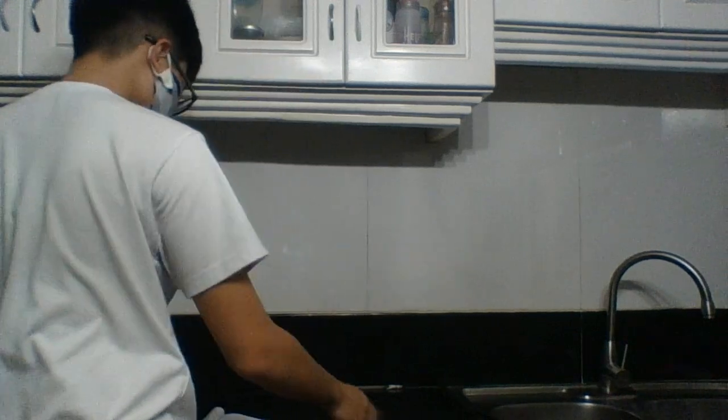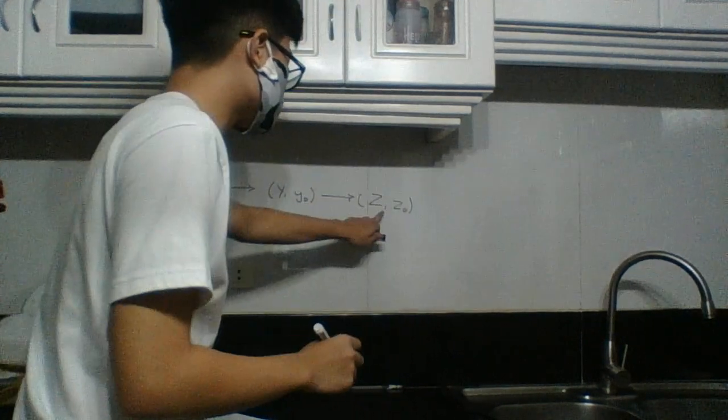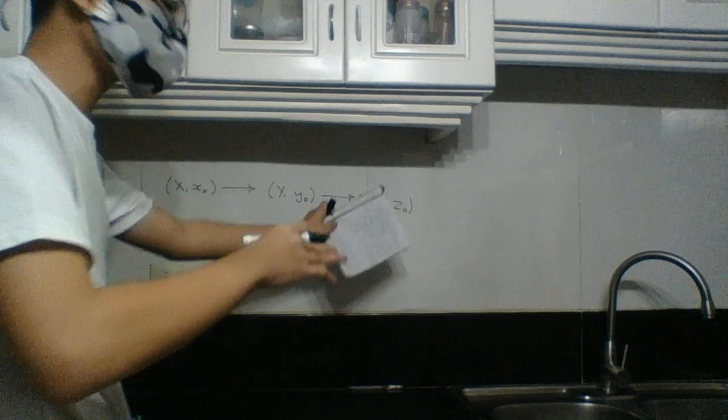We're going to reuse X and Y here with their base points x0 and y0. So x and its base point are taken to Y with its base point, which is taken to a new one, Z, with a base point z0. Z here is not the integers, okay? It's another space.